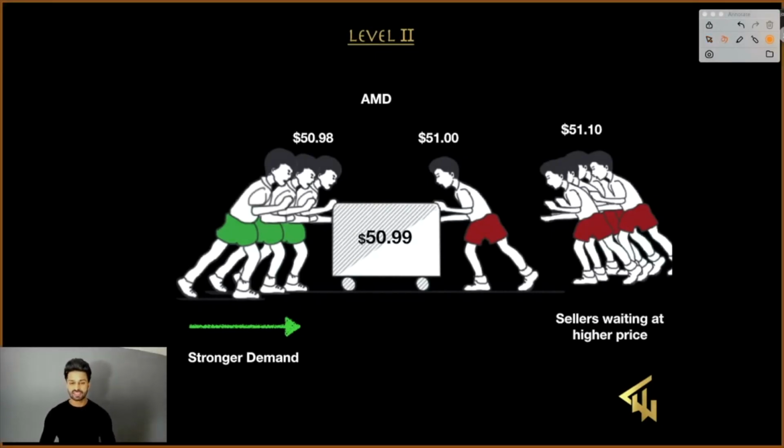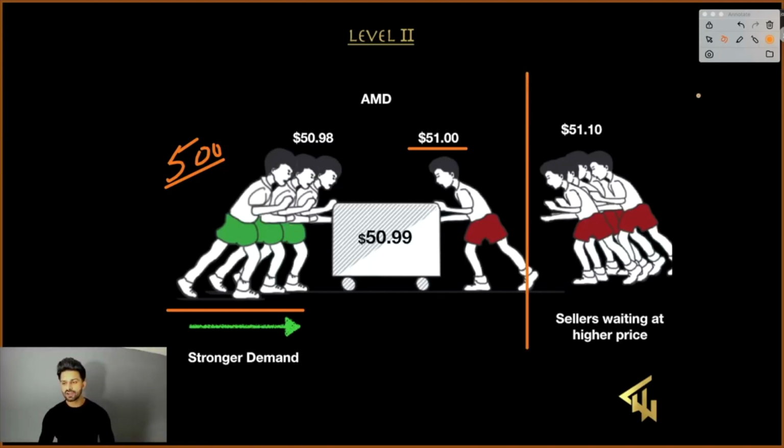To break this down, let's say we have, again, 500 sellers here, 500 buyers here, and we have a seller at $51, meaning the buyers are still consistently pushing the stock to a higher price. But now we see that there are sellers waiting at a higher price of $51.10. What we want to see is, once we get to that particular level, do we still have aggressive buyers?